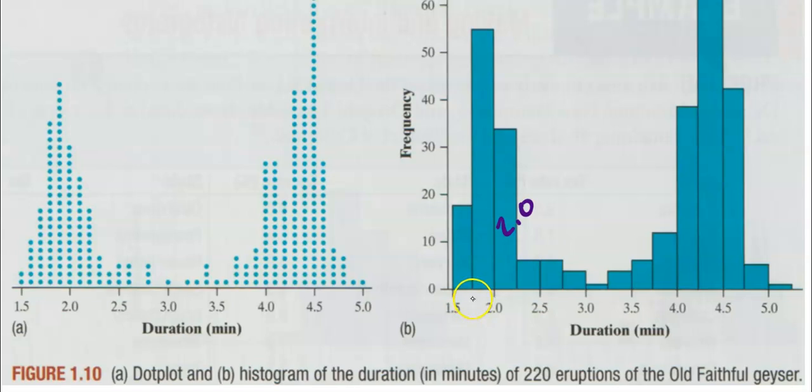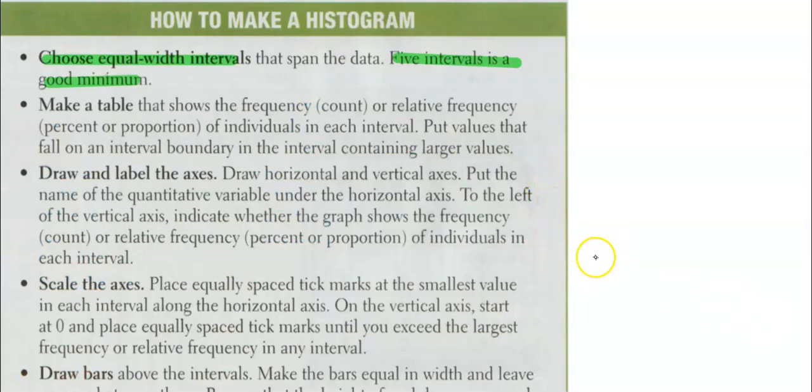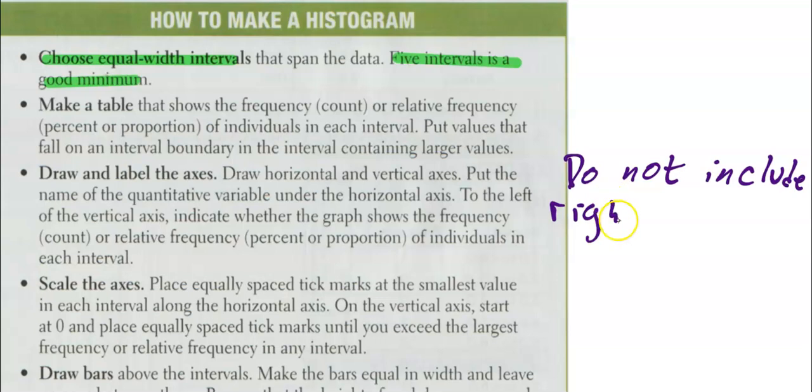You include the left, but not the right. So 1.5 is in this interval, 1.75 is in the second interval. That's what that box is trying to say. This means do not include the right boundary as our number.